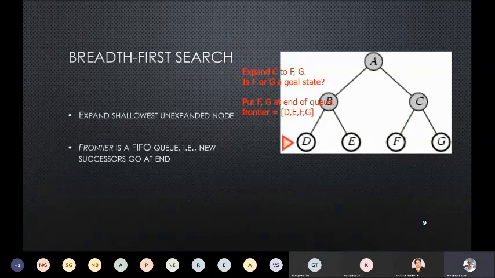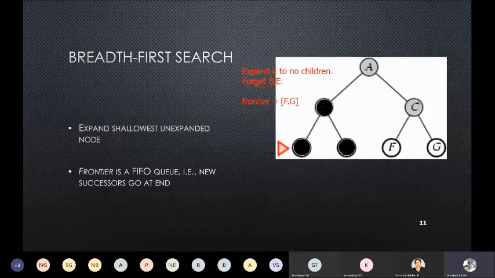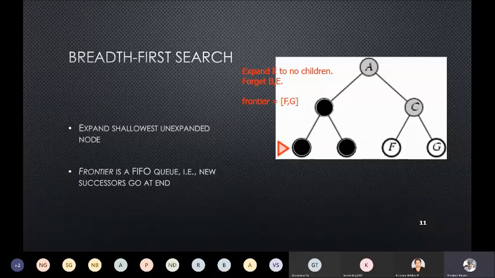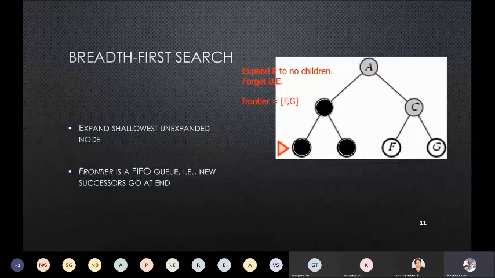And this way the search goes on. Since I first visited node B, I will explore node B first. What do we mean by explore? We look at the children of node B, or if we use our city analogy, we visit all the cities reachable from node B. So here it is D and E. And then we look at the children of node C, so we visit node F and node G. So the idea is pretty simple: I start from the top node, then I take a slice and visit all nodes which are equidistant from the start node.